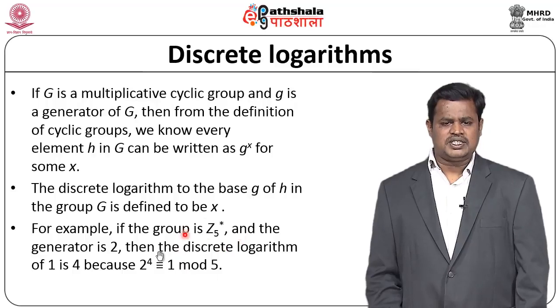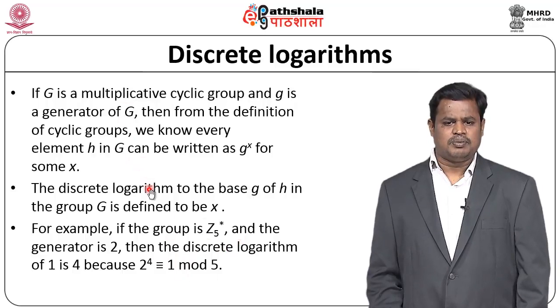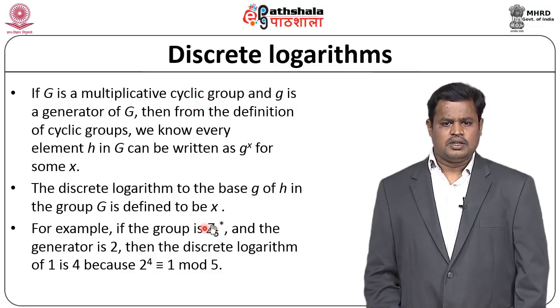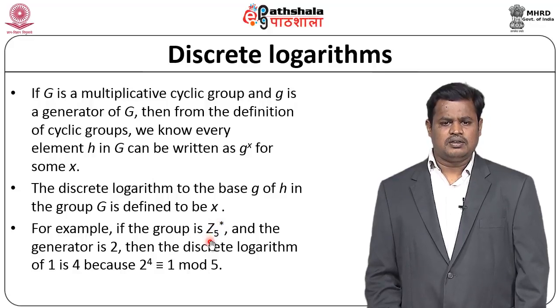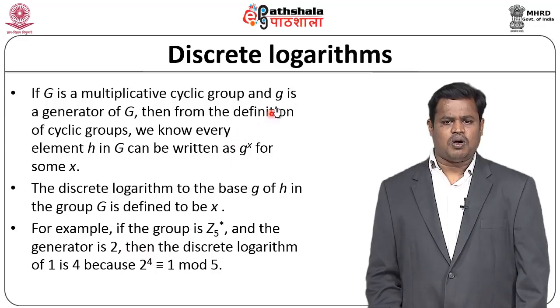Now, we map this example with respect to the statement given before. We have a capital G here, capital G is a multiplicative cyclic group, that is Z phi with the multiplication operation. So, we can say that this is our multiplicative cyclic group and there is a generator, smaller g.